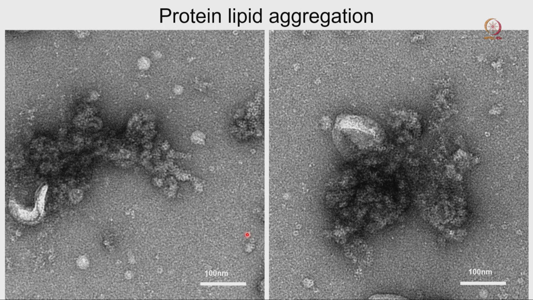Here you can see very nice circular proteins all over, isolated from each other. We are targeting this kind of isolated protein molecules, but due to the presence of lipid, the hydrophobic regions of the proteins interact with the lipid molecules in such a way that they form clusters.